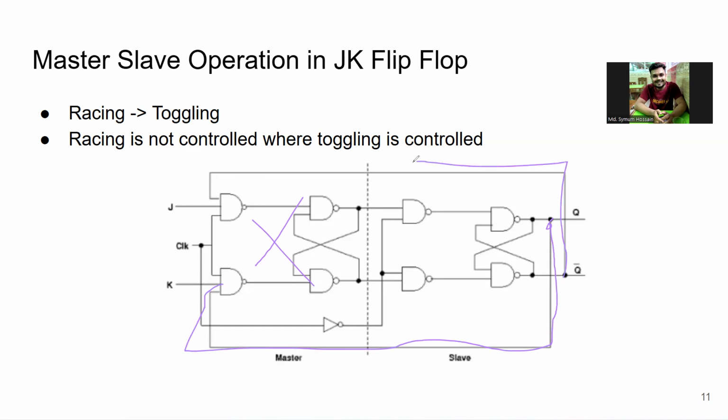Similarly, this one cannot do anything, which was basically what created racing. When master is not in operation, it will remain in the last state as it was.